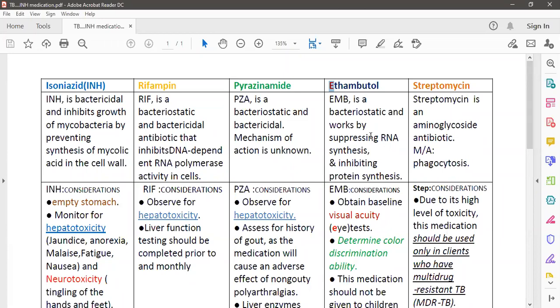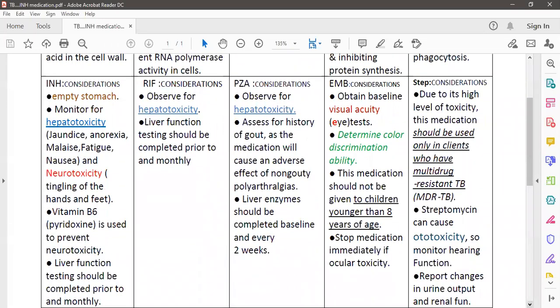So E for ethambutol, E for eye, and also determine the color discrimination abilities. Ethambutol can cause red and green discoloration, and it causes optic neuritis. So it is very important to determine the color discrimination, especially red and green.